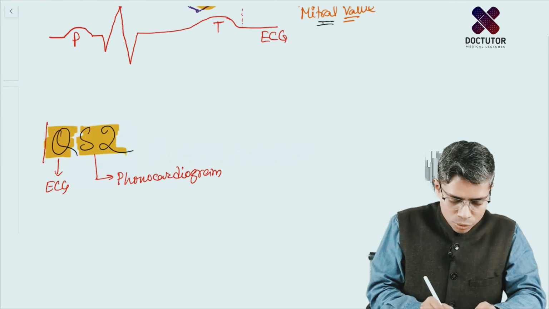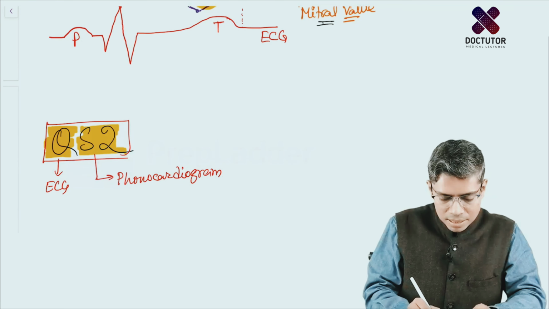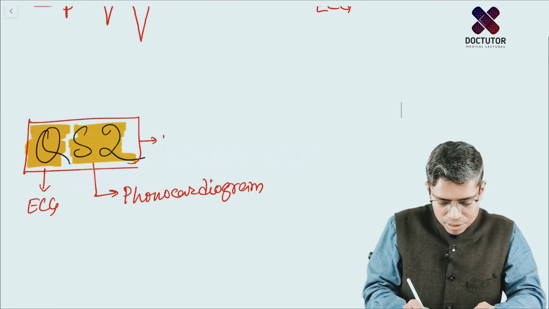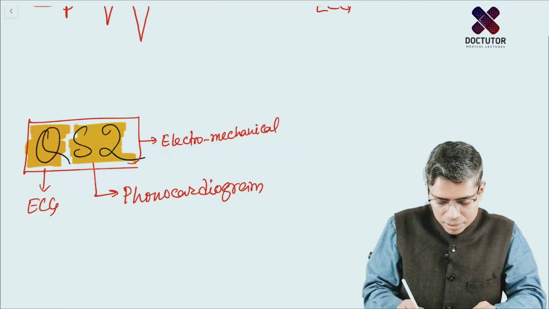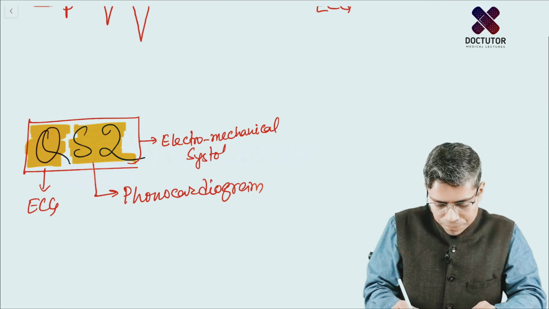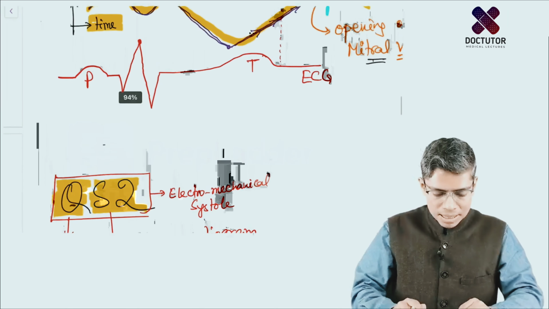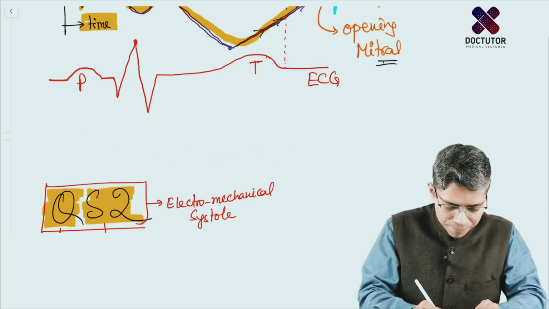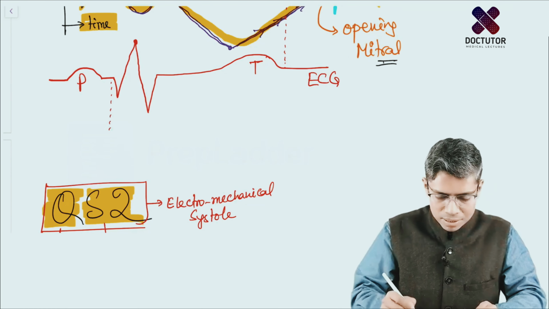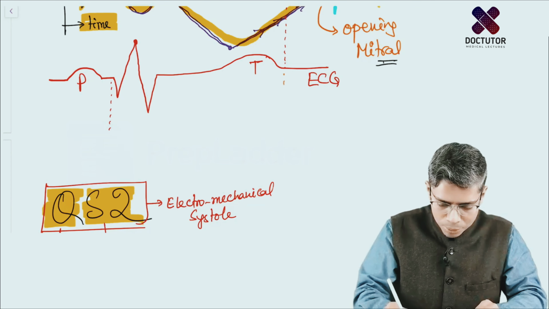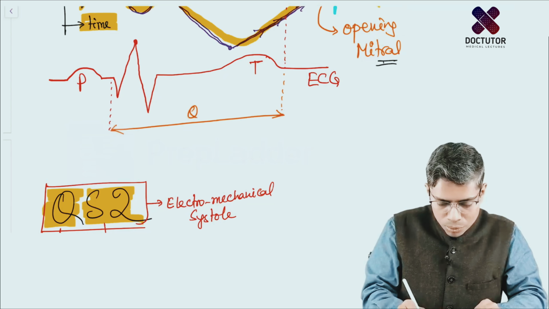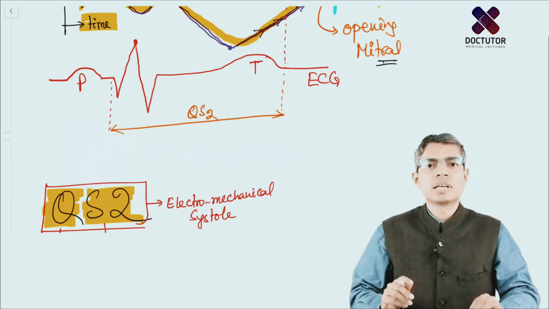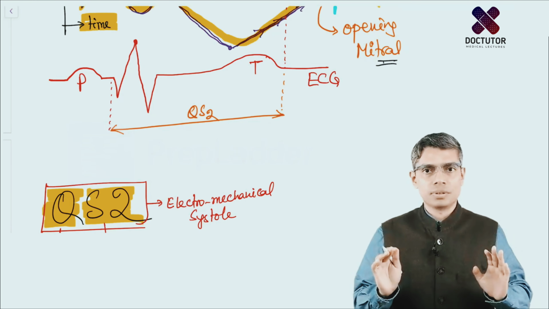And this Q is recorded by ECG. So this QS2 is known as electromechanical systole. So starting point of the Q wave up to this S2, this duration is known as QS2, which is known as electromechanical systole.